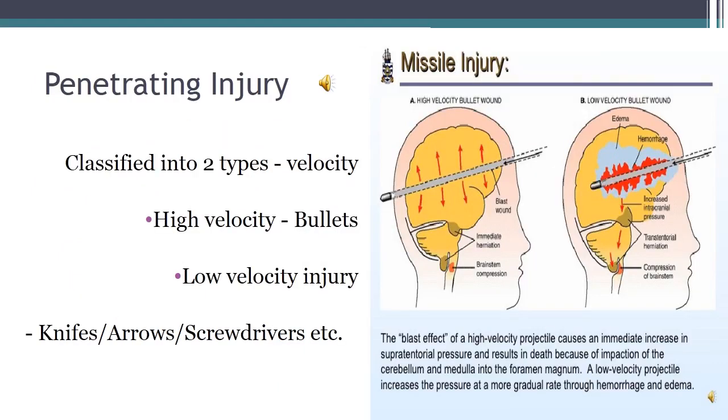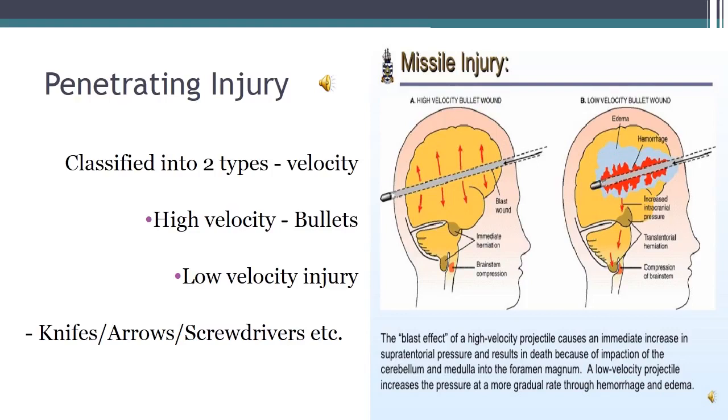Penetrating or missile injury can be classified into two types according to the velocity: high velocity injury like bullet injury, and low velocity injury like knives, arrows, and screwdrivers.